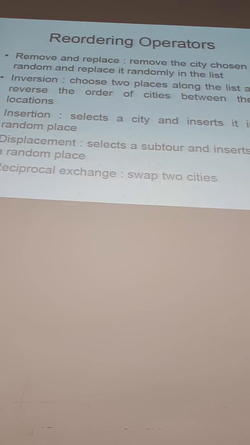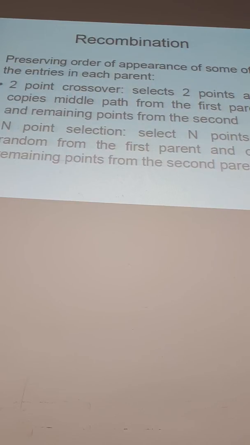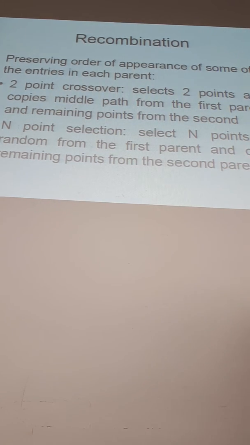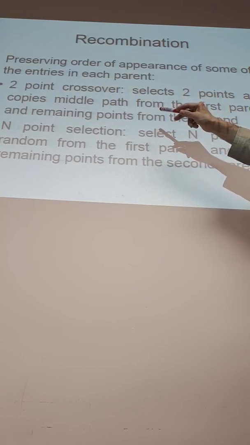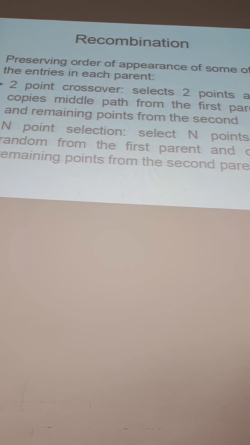Okay, finally we have reciprocal exchange, swap two cities, already mentioned. Recombination. We should focus on the operators which preserve order of appearance. So we still assume that there is a cluster of cities which should be visited in the same order, and we protect that order. For example, 2-point crossover. We select 2 points and we copy the middle part from the first parent and the remaining points from the second. But we preserve order.